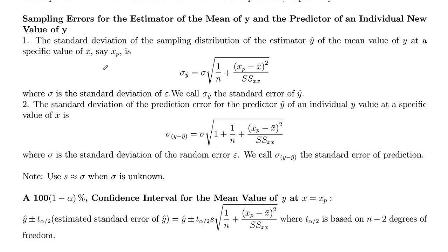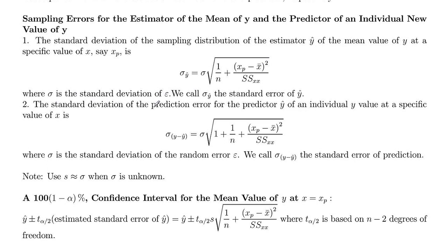of y, well, that standard deviation of the sampling distribution of the estimator y hat of the mean value at a particular x value, we'll call it x sub p, p stands for particular, is given by sigma sub y hat, so that's standard deviation of the estimator y hat, is sigma times the square root of 1 over n, and your sample size, plus xp minus x bar squared over sum of squares of xx, where sigma here is the standard deviation of epsilon, your error.